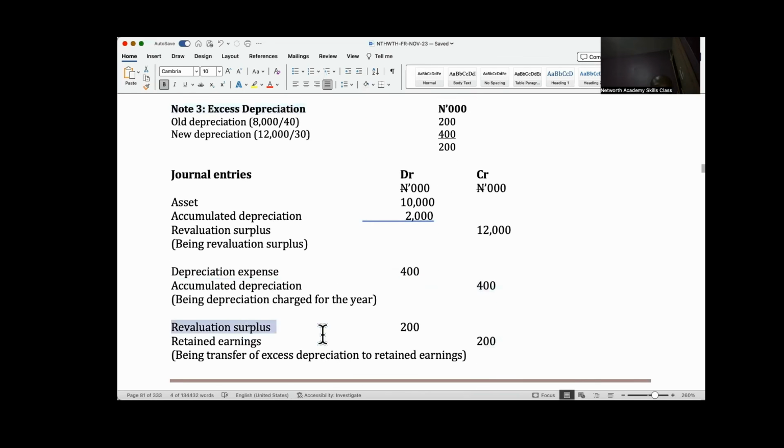I simply debit evaluation surplus, to decrease my evaluation surplus, and I transfer it to my retained earnings, credit that, being transfer of excess depreciation to retained earnings. And that's my journal for these transactions.